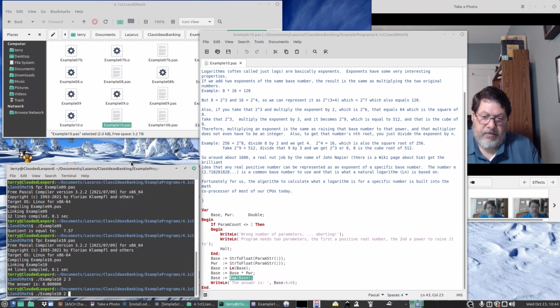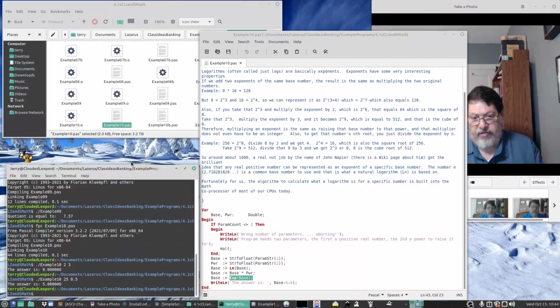Also, if we take 25 and raise it to the half power, we should get the square root, which is 5. This works with non-whole numbers also.